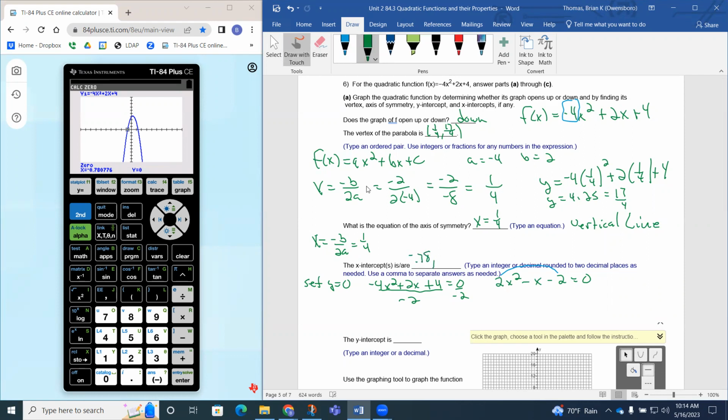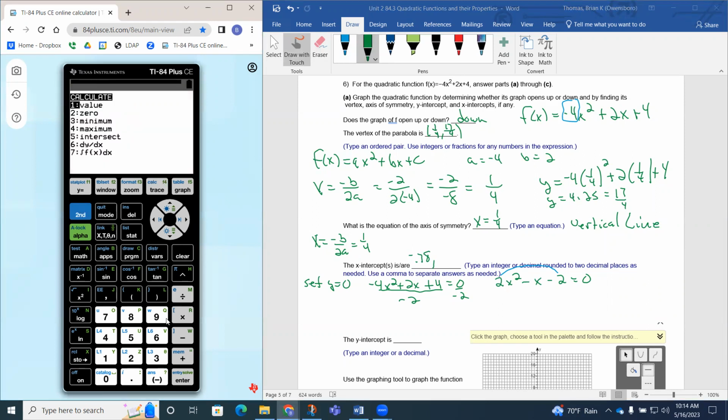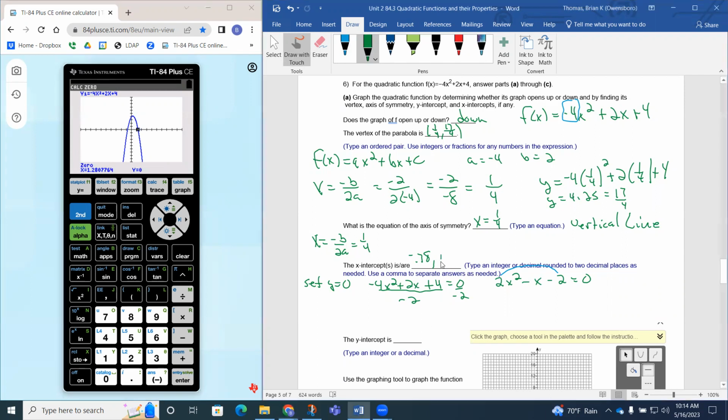Then for the other x-intercept, I do calculate again, number 2 for zeros, get close to it on the left side, hit enter, cross over to the right side, hit enter again, and we get 1.28 if I round to 2 decimal places.